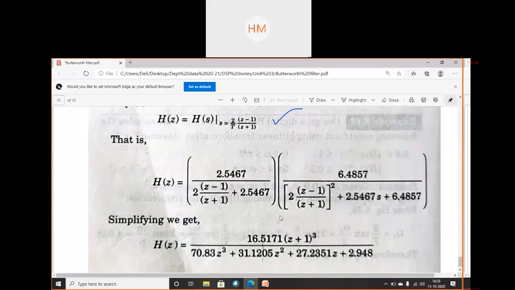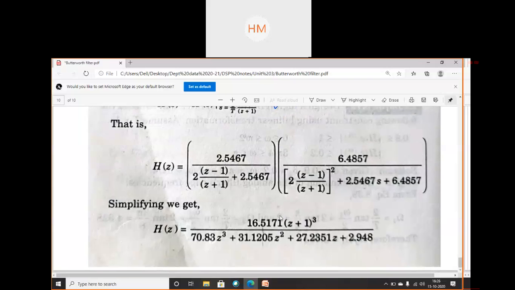Okay, very good, if you got this equation.